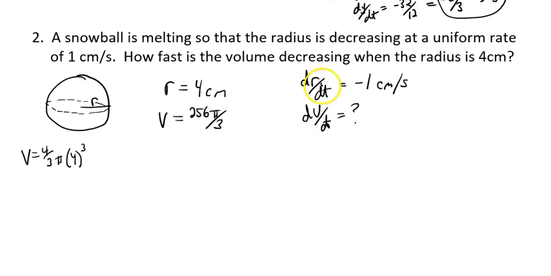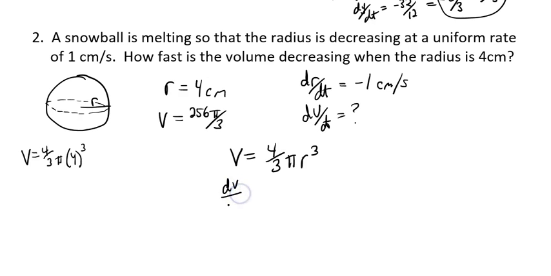Okay, so now that we have everything, we need the relationship between the volume and the radius, which is that same formula we used a minute ago. Volume of a sphere, which is 4/3 pi r cubed. And again, you don't plug in right now, you plug in after you take the derivative. So the derivative of volume is just dV dt.